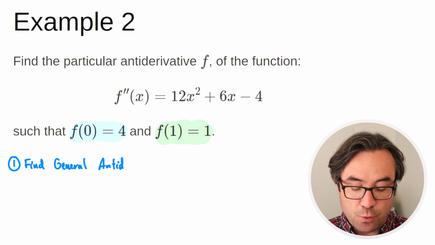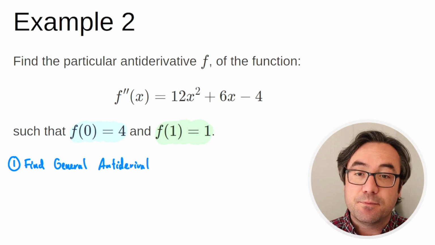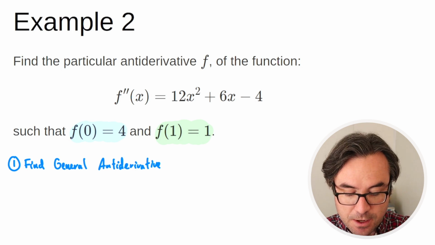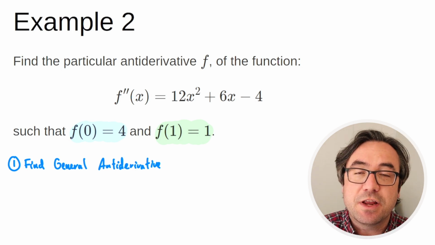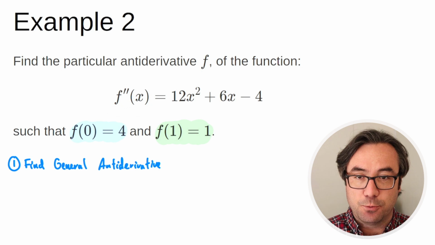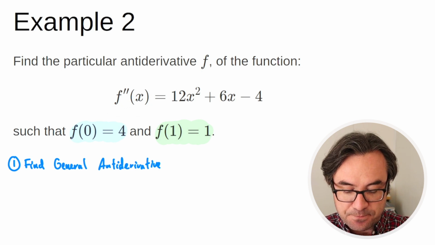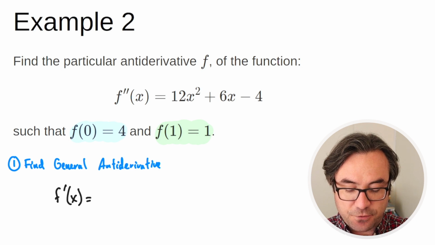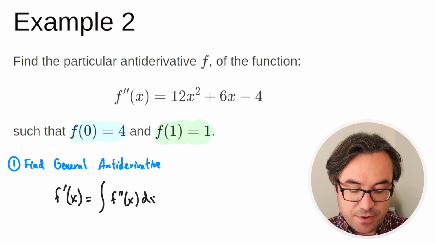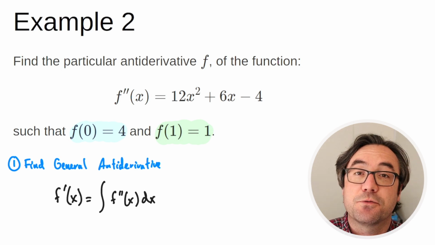And this is what we do with integrals. We're going to have to do this twice, though. We're going to have to integrate twice, one for each of the derivatives. If we do the integral once, that'll give us our first derivative. So let's integrate this second derivative to get the formula for the first derivative.